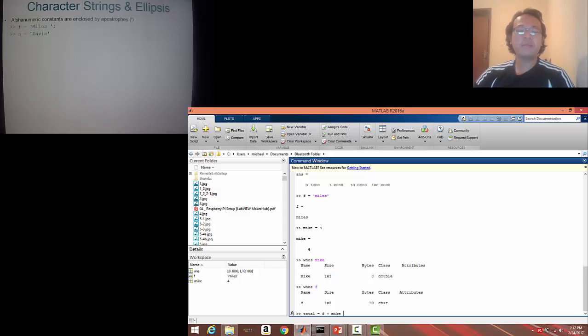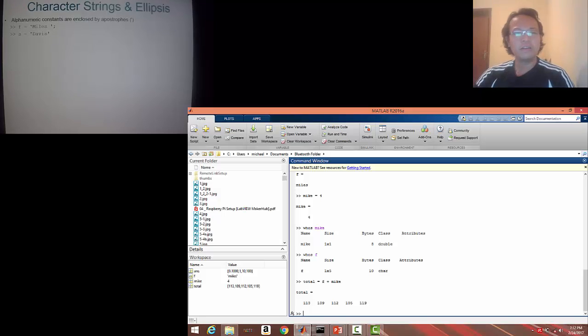It's because MATLAB is very intelligent. It converts F, the 'miles', into an equivalent number, and then adds it to 4, and so you have the total here, as you can see. Okay, so it's quite weird in MATLAB, but anyway, we will not be doing it like this. I'm just showing it to you.